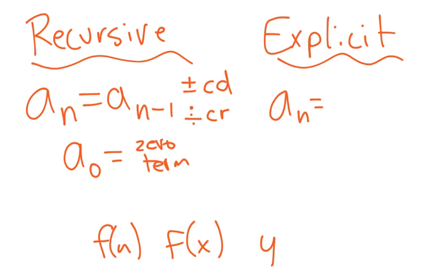But with the explicit, we take that 0 term first, and then we are either adding or subtracting the common difference if it's arithmetic, or multiplying by the constant ratio if it's geometric. And we don't divide, right? Like here we have the division, we just multiply by the reciprocal.